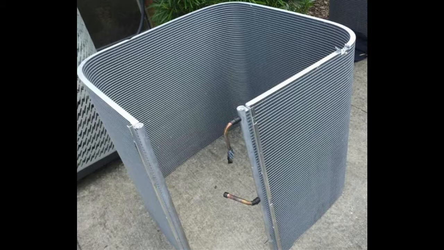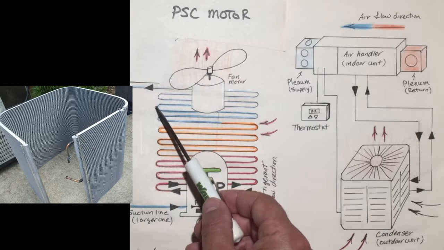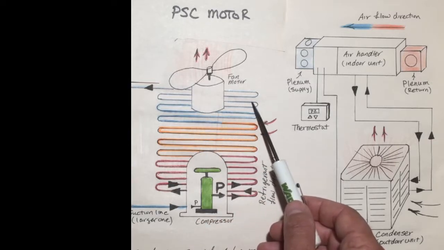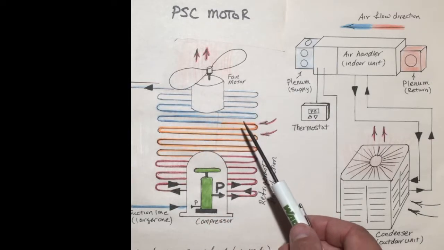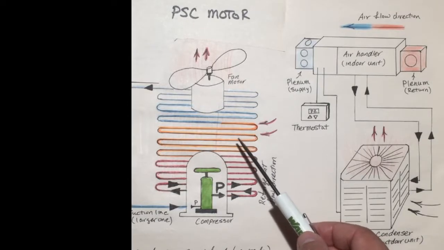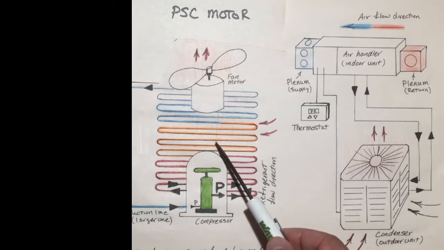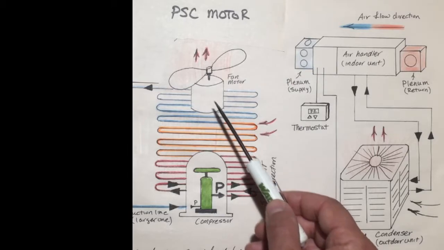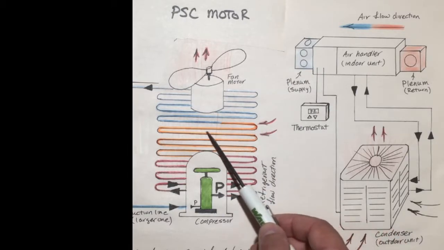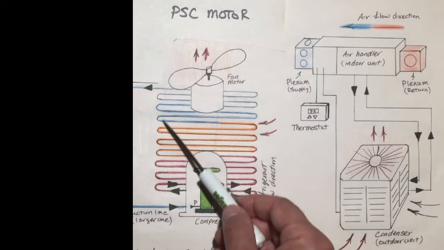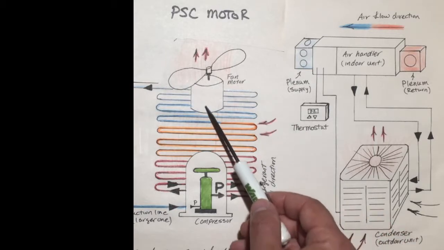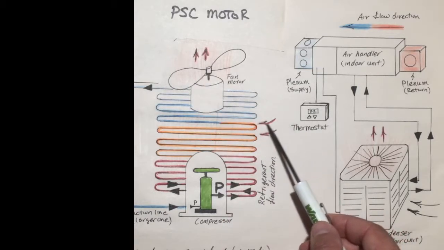So it has copper or perhaps sometimes aluminum tubing that is surrounded by fins to basically allow air to flow through this coil, and with the use of a fan to circulate that air over this coil that has refrigerant in it. By circulating that air, we're cooling that refrigerant.